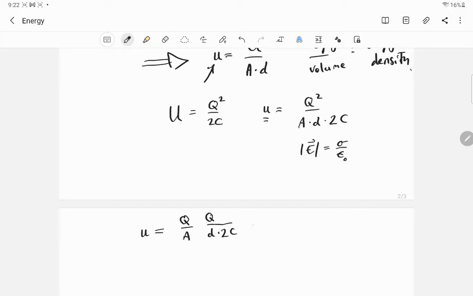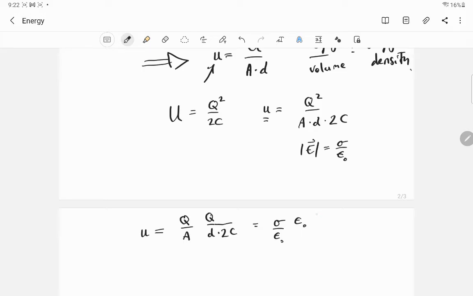But this q over a is sigma. Yeah, let's see where I get if I do this. So I got sigma. I want divided by epsilon naught, so let me divide by epsilon naught and multiply by epsilon naught. So I've got epsilon naught on top now.